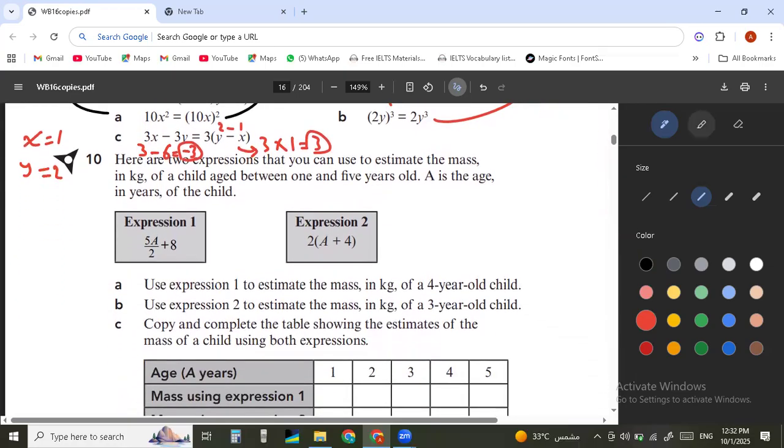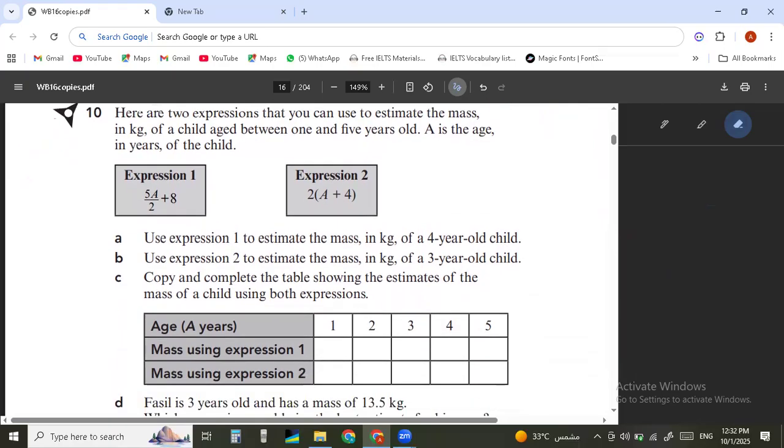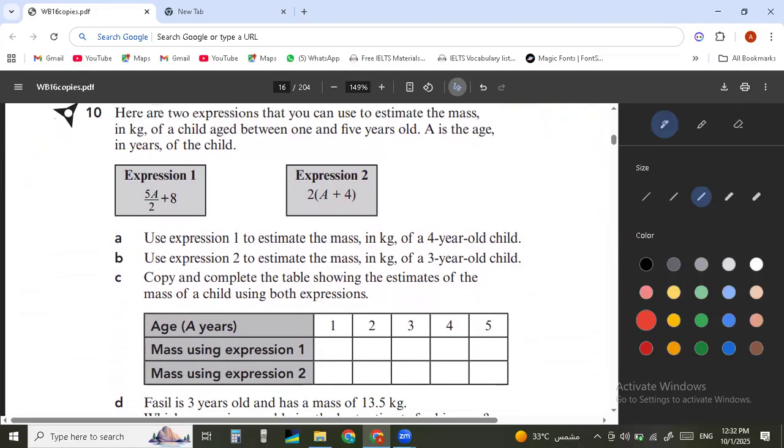The next example here says to you, let's see, I'm erasing this first. Here are 2 expressions that you can use to estimate the mass in kilogram of a child aged between 1 and 5 years old. A is the age in years of the child.